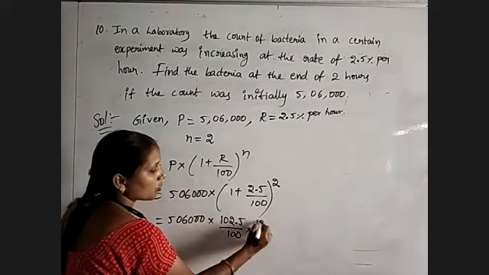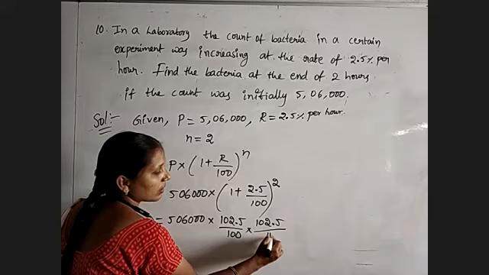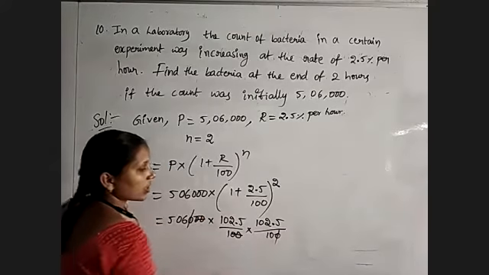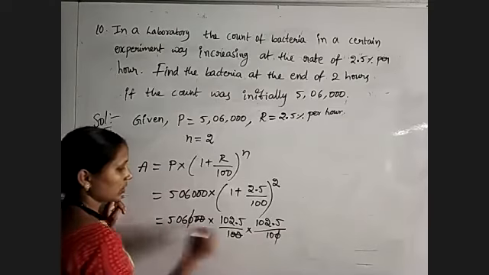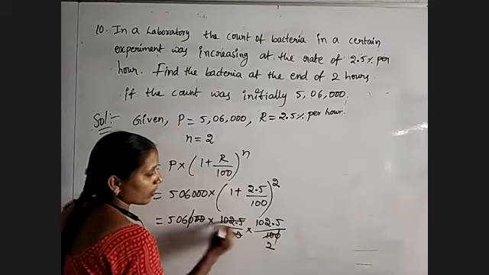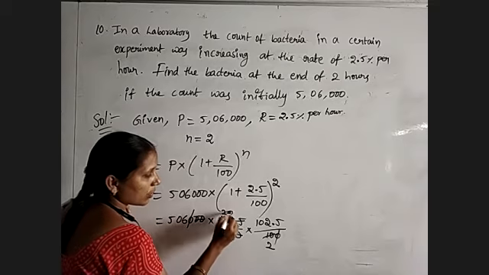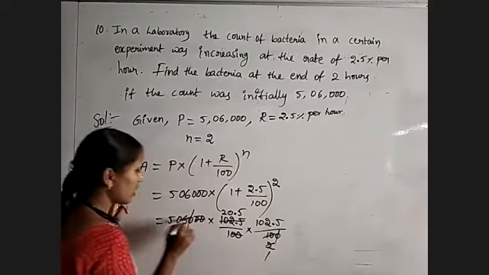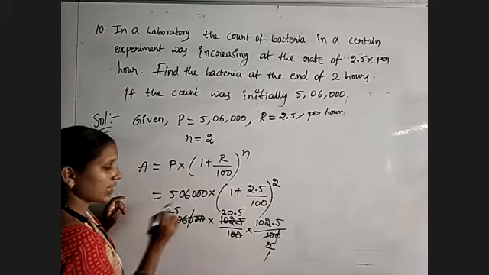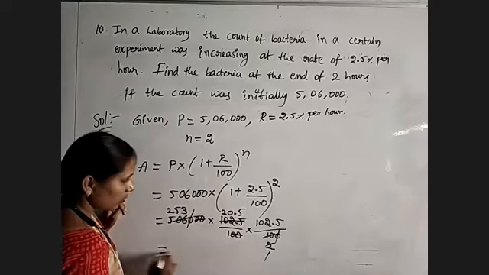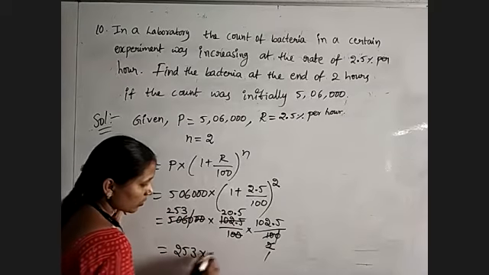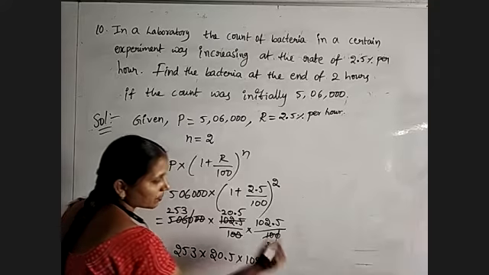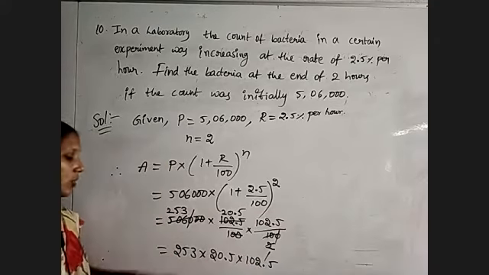Two zeros get cancelled, and this zero gets cancelled. 5 twos are 10, 5 fives are 25, and so on, we get 253 into 20.5 into 102.5. So multiply the given values, then we will get the answer.